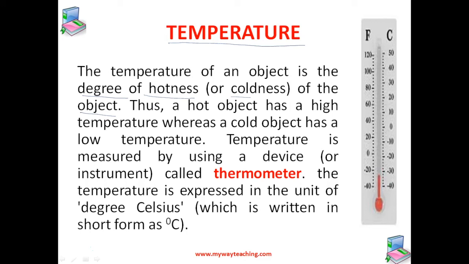It tells us how hot or cold the object is. If the temperature of an object is high, then it is a hot body. If the temperature is low, then it is a cold body. High temperature of an object, as I told you, tells that the object is very hot.